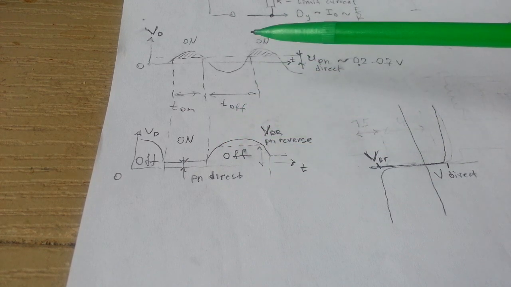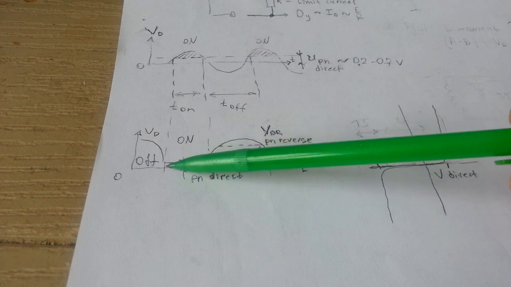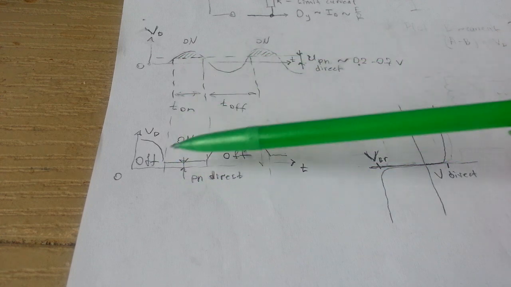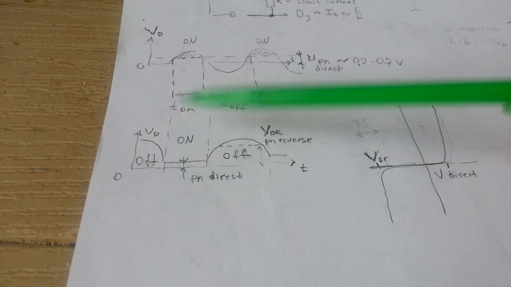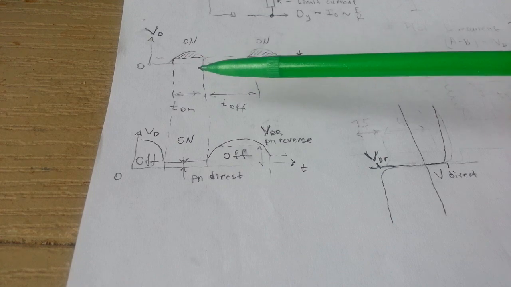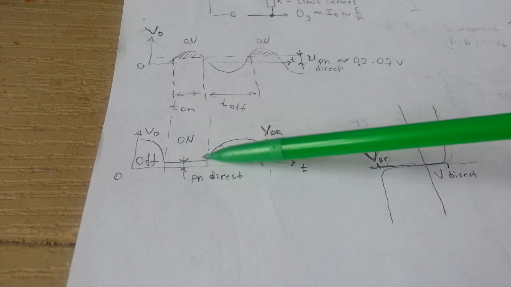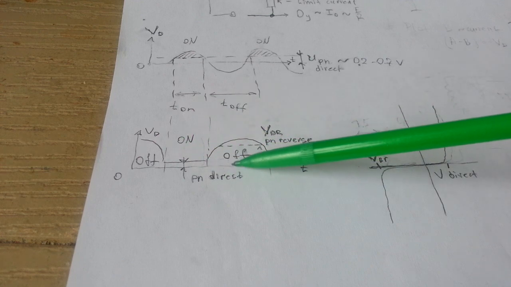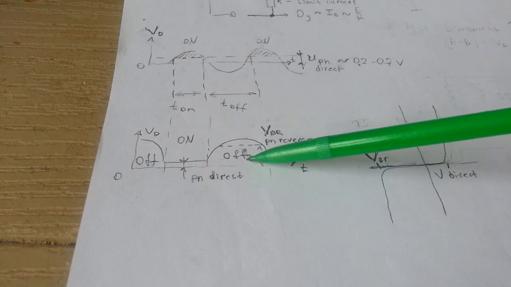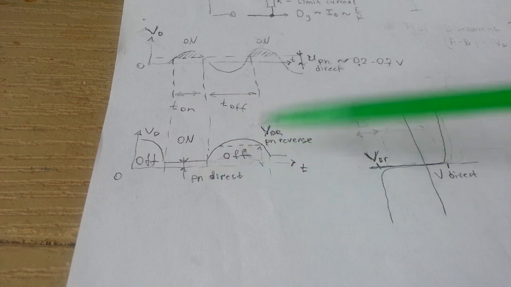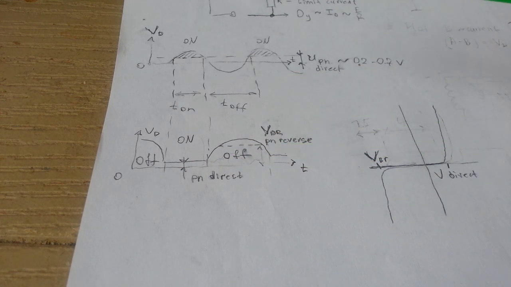When it's on, the current is proportional to the voltage divided by the resistance. So it's going to look like this. And then when it's off, there is no current flowing through the device, so we have zero current. That's pretty simple.